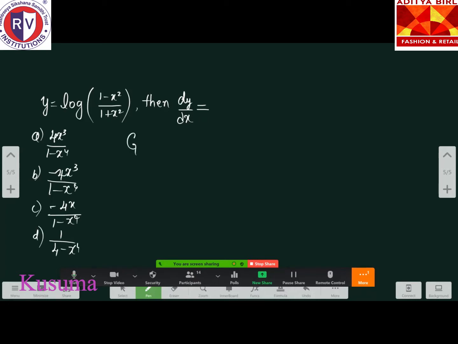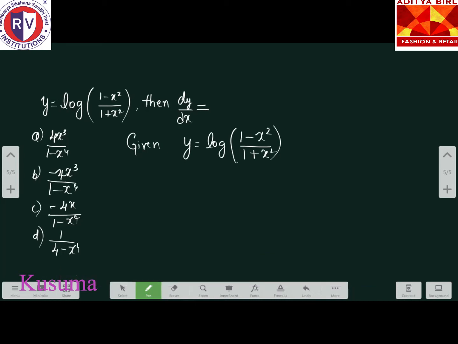So the given function is y equals log of (1 minus x square) divided by (1 plus x square). Now tell me how we are going to differentiate this function. Chain rule. Okay.